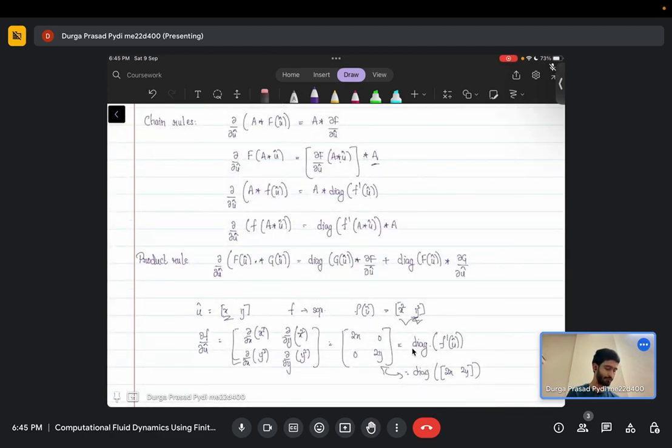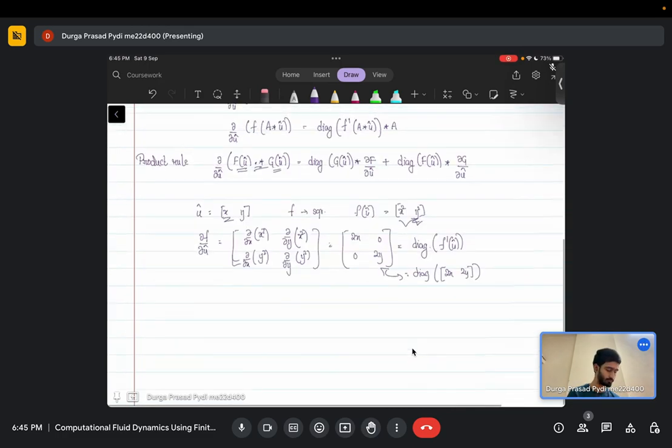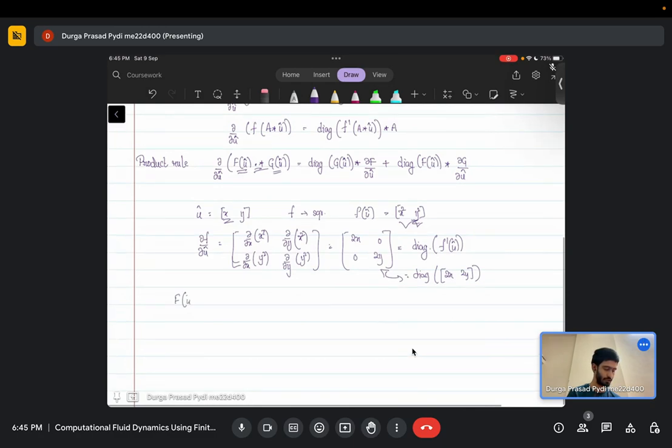Now here you have an operator, f and g are two different operators. So when I am doing this, this is an element wise multiplication. It's something like if you have f of u hat as say (x, y) and g of u hat as say (x square, y square).